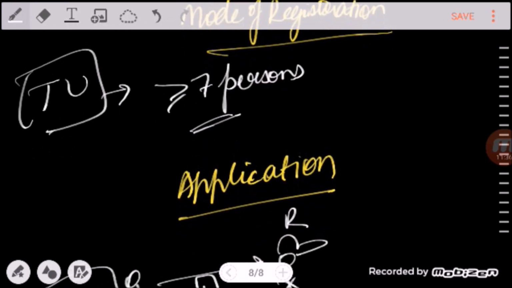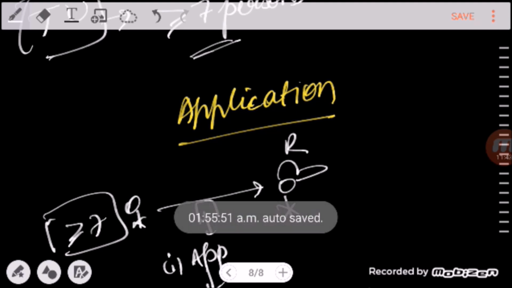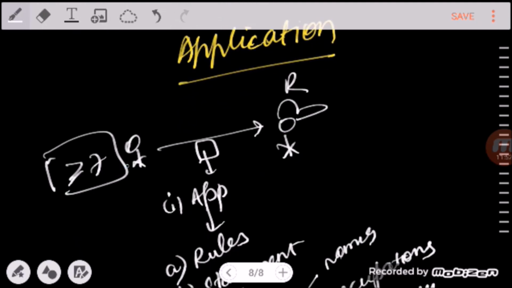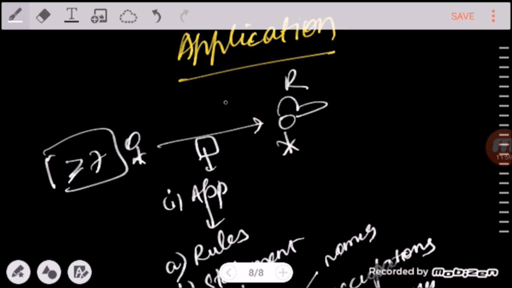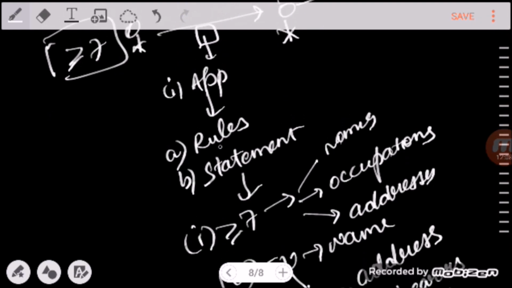To repeat, application for registration. Every application for registration of a trade union shall be made to the registrar and shall be accompanied by a copy of the rules. Application by 7 or more persons will be made to the registrar, and that application will include rules and a statement.